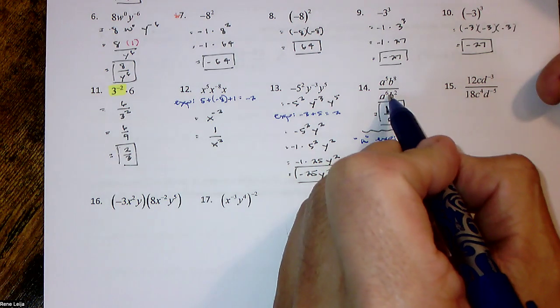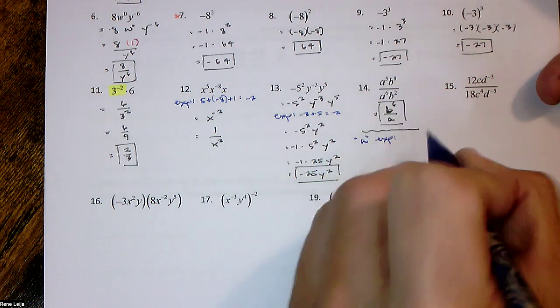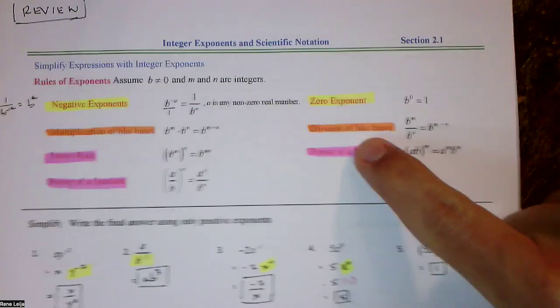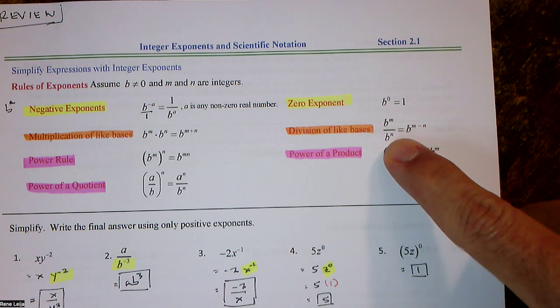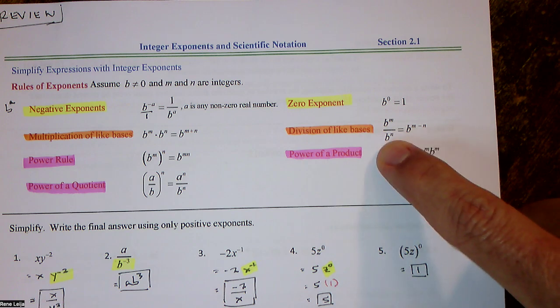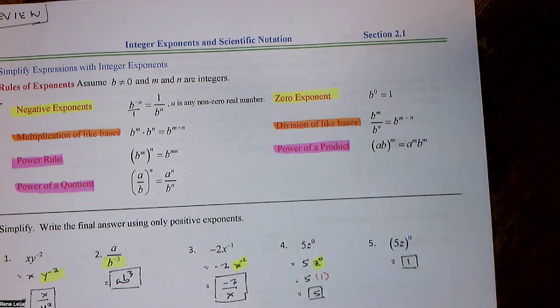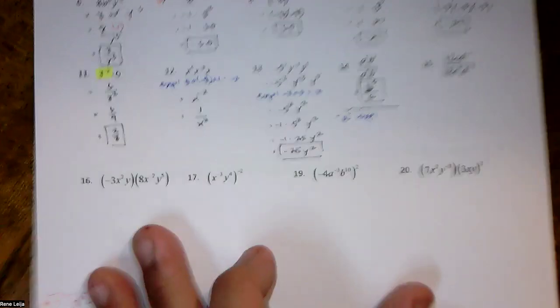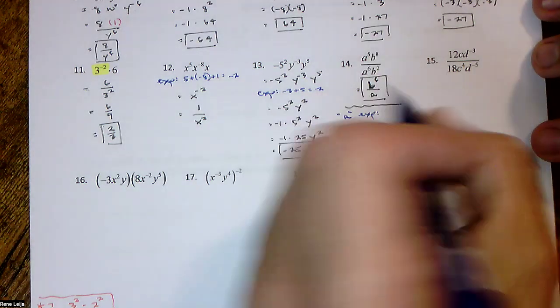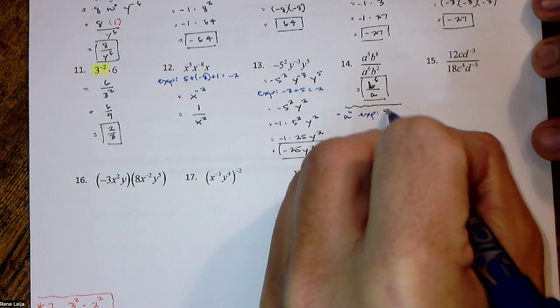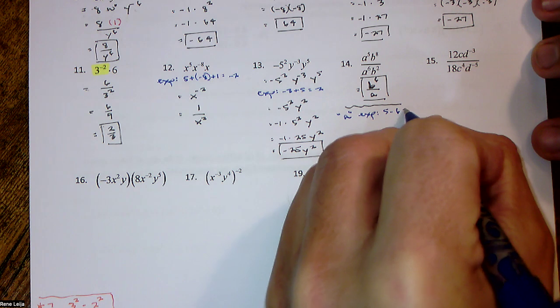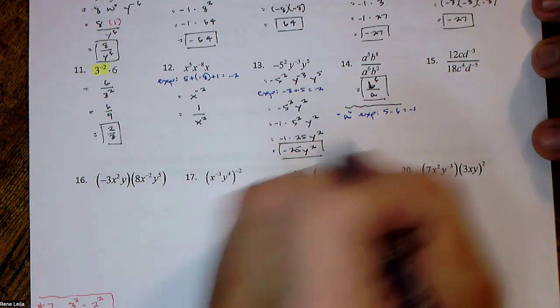Now, if you look at your division of like bases, notice that the rule says that you keep the base, but you subtract the exponent. So it's the top minus the bottom. So for the 5, we're going to get 5 minus 6, which is a -1.